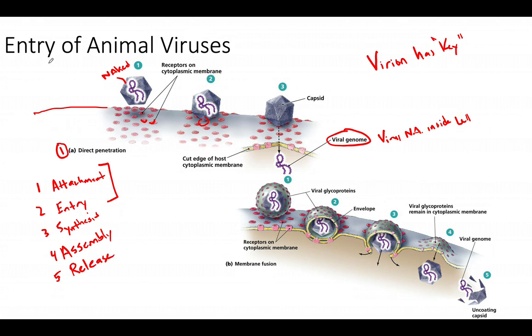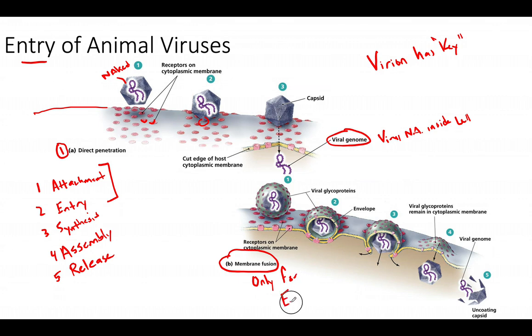I didn't say this at the beginning, but there are 3 different ways that viruses can enter a human cell or animal cells. So direct penetration is one of those. More common is membrane fusion, and membrane fusion can only work for enveloped viruses.